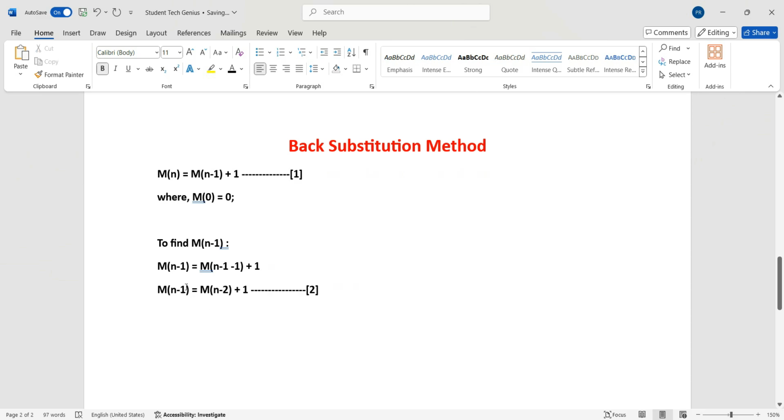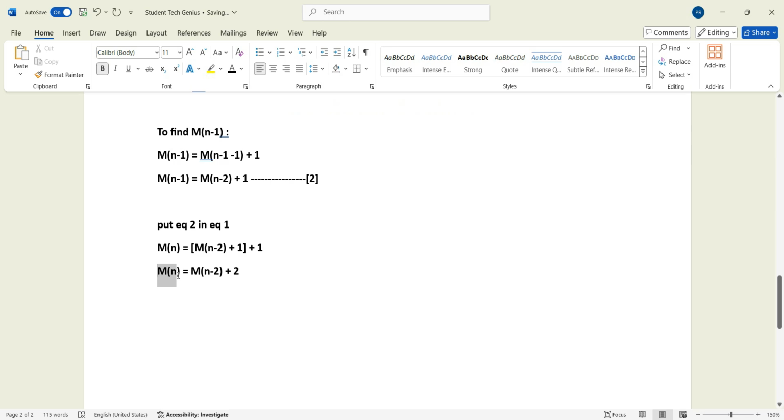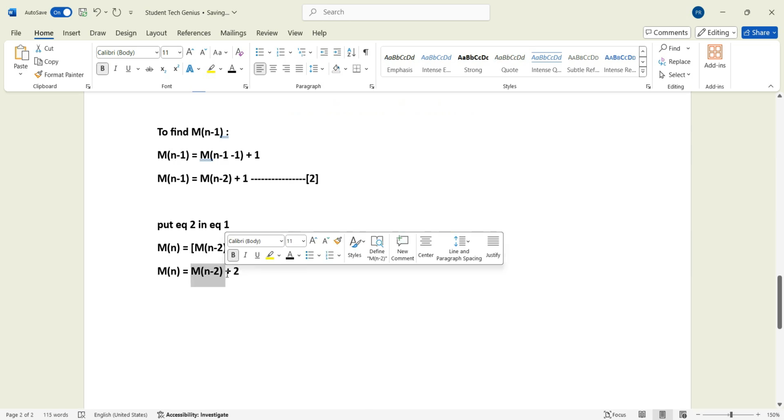So I'm putting this m of n minus 1 value in equation 1. We'll get m of n is equal to m of n minus 2 plus 2.